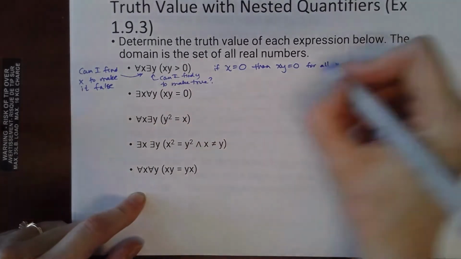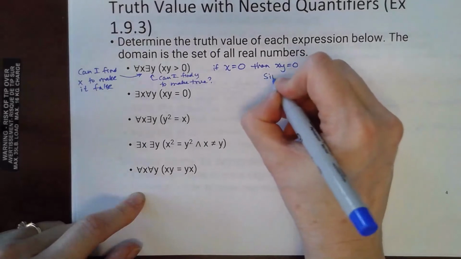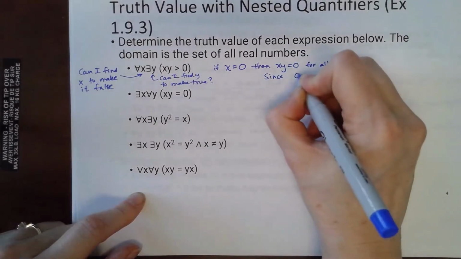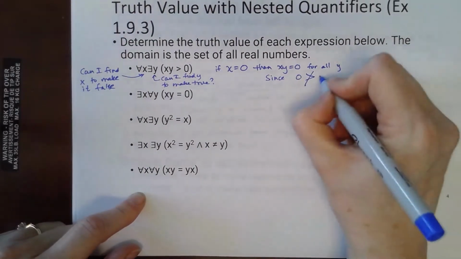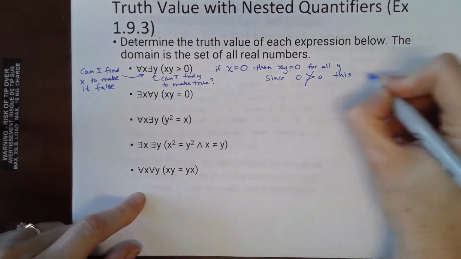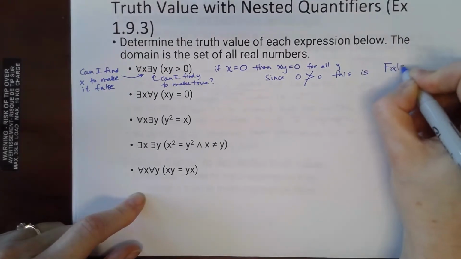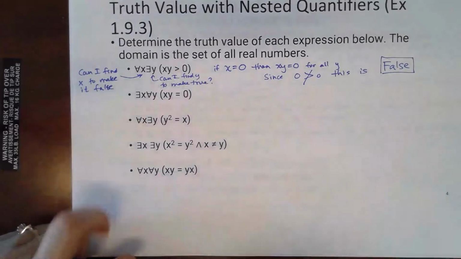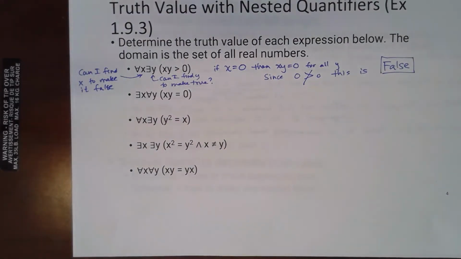No, it's equal to. So since 0 is not greater than 0, this is false. X just had to be clever and choose the right value to guarantee that no matter what Y tried to do, it would win and it would be false.